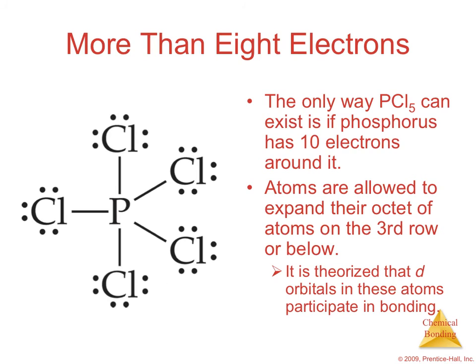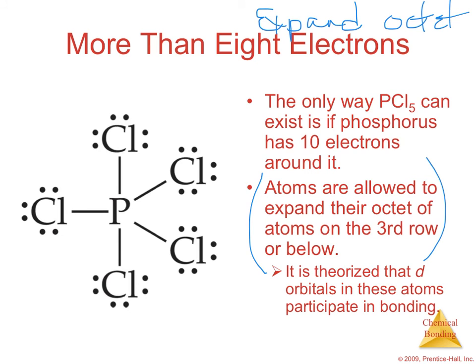There are also several atoms that can, we call it, expand their octet, which means they can hold more than 8 valence electrons. So I want you to understand which elements can do that. The elements that are on the third row of the periodic table. So here's the periodic table, here's hydrogen and helium, they're row 1.